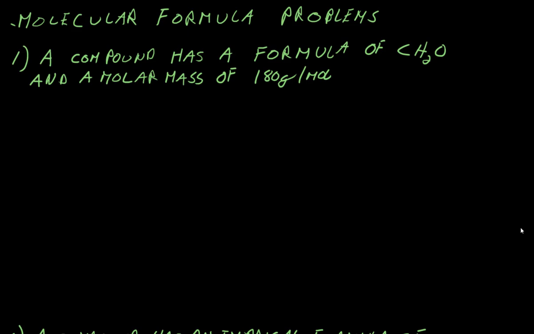All right, for the molecular formula problems, we've got a compound that has an empirical formula of CH2O and a molar mass of 180 grams per mole. So let's go ahead and calculate the empirical formula mass first.